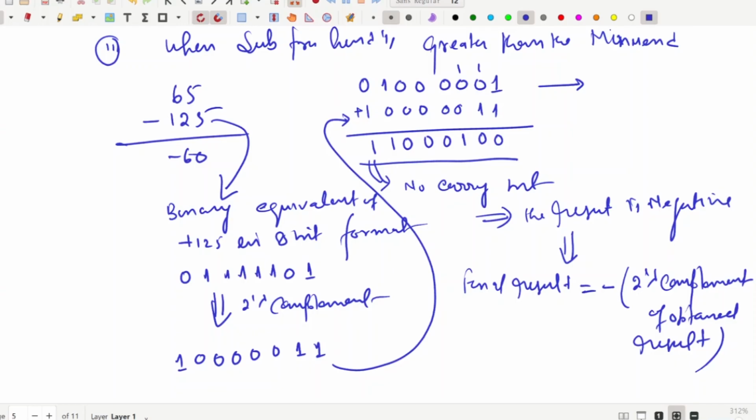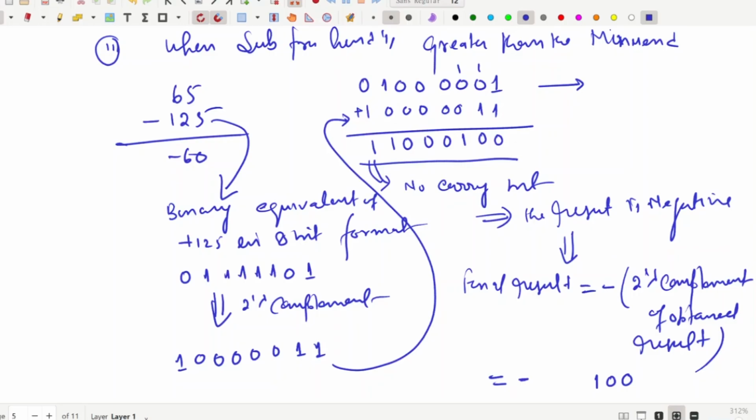So this is equal to minus of the 2's complement of this. When we find the 2's complement, starting from the least significant bit up to the first non-zero bit, the bits are retained as they are. So these 3 bits are retained as they are, because this is the first non-zero bit, and then every 0 is replaced by 1 and every 1 is replaced by 0.